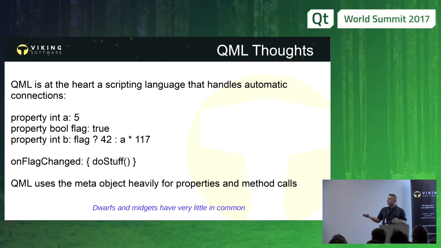Here you create a slot that's called onFlagChanged. Sorry, you can't see. Do stuff. This is the JavaScript call. I'm sorry, I said it yesterday, I hate JavaScript. But it's what happens in here. Every single property in QML has a handler that you can define, and it's called like that: onFlagChanged, do stuff.